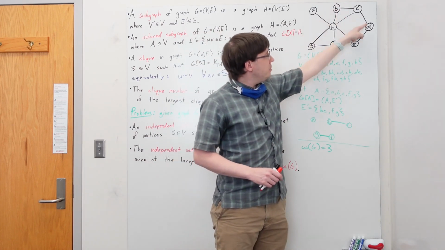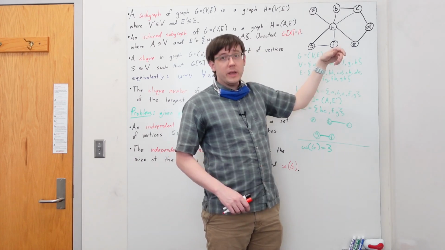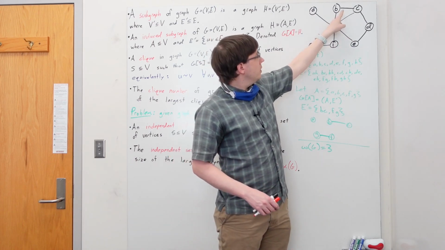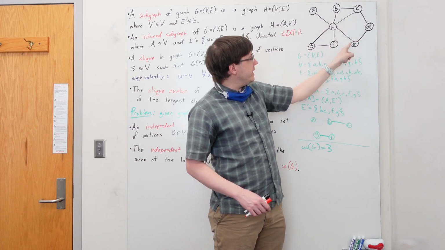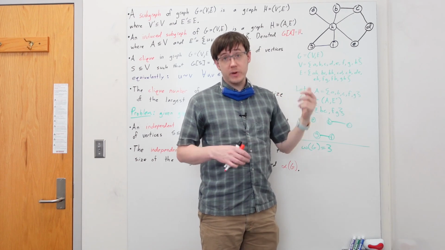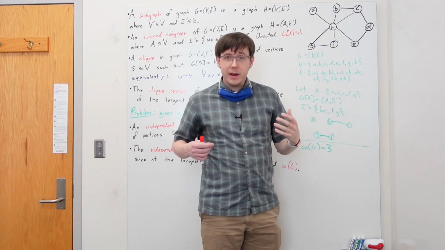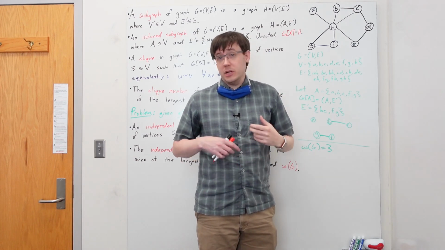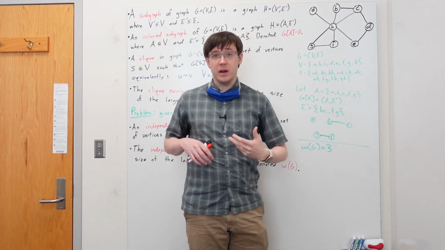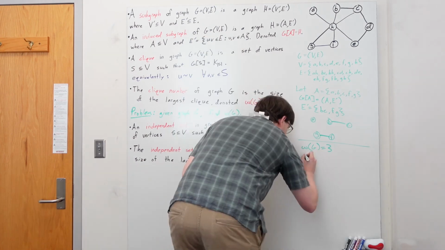And among B, C, D, and E, we can include 2 of them, for example, BD, or BE, or CE, but there's no way to include 3 of them. And so in fact, 4 is the size of the largest independent set, which gives us the independent set number of the graph.